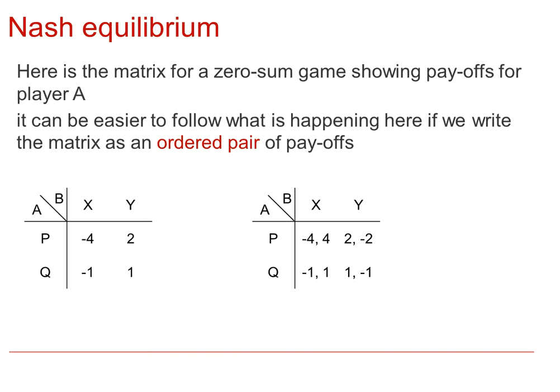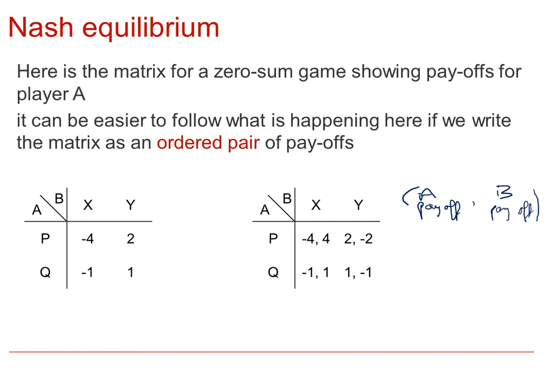So here's the matrix for a zero-sum game showing payoffs for player A. Now, it can be easier to follow what's happening while we discuss the Nash equilibrium if we write the matrix as an ordered pair of payoffs. Player A may be called the row player and B the column player, and these ordered pairs are written in terms of the A payoff and the B payoff.